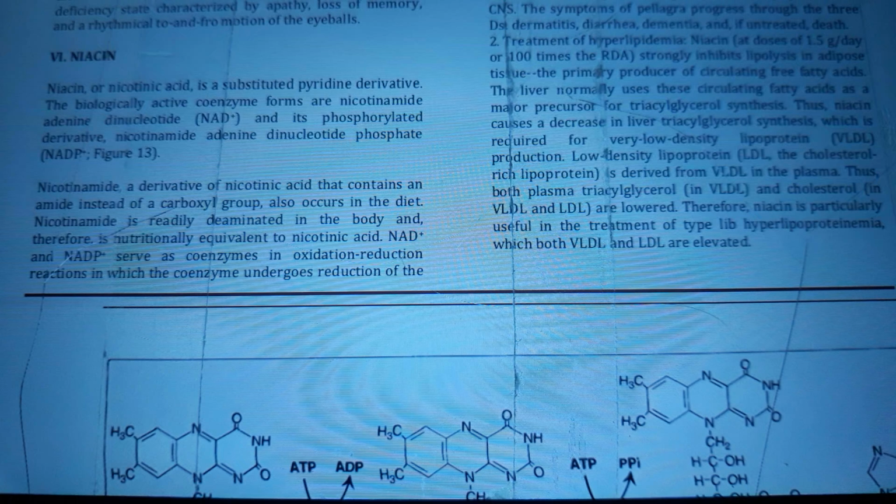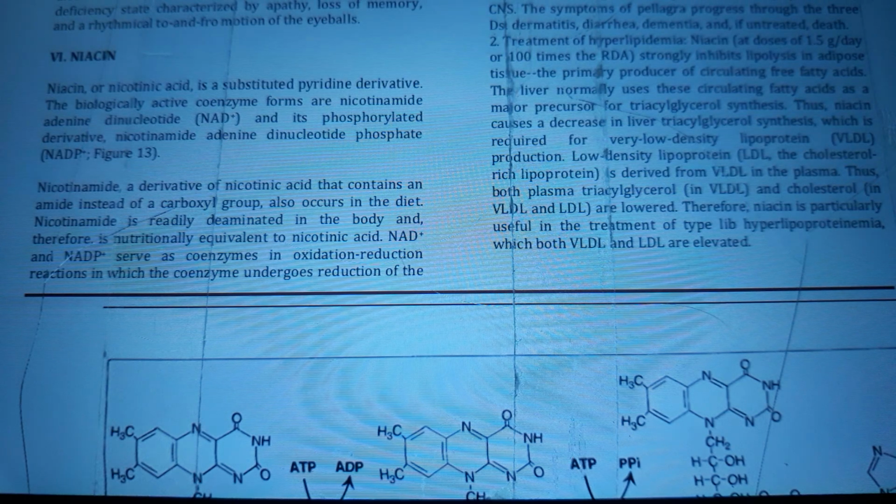Treatment of hyperlipidemia. Niacin at doses of 1.5 grams per day, or 100 times the RDA, strongly inhibits lipolysis in adipose tissue, the primary producer of circulating free fatty acids. The liver normally uses these circulating fatty acids as a major precursor for triacylglycerol synthesis.